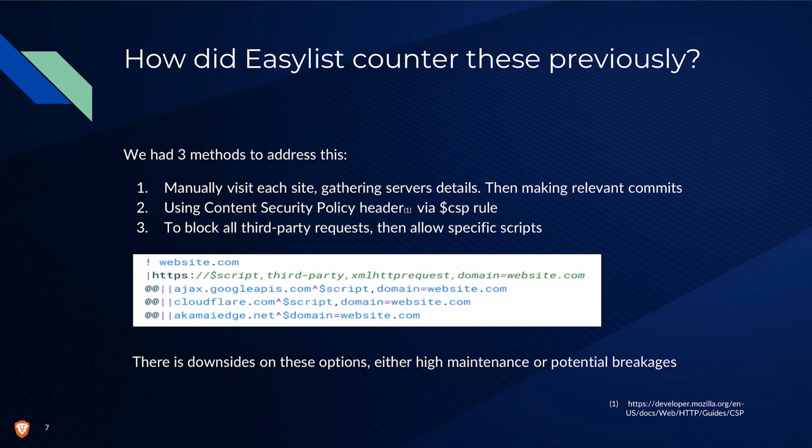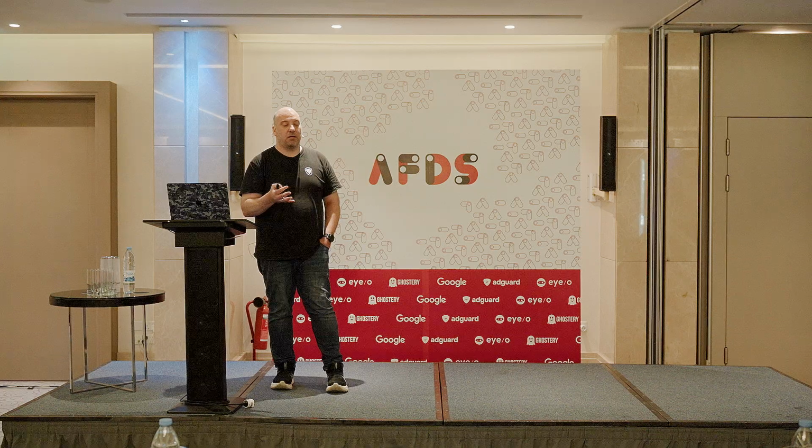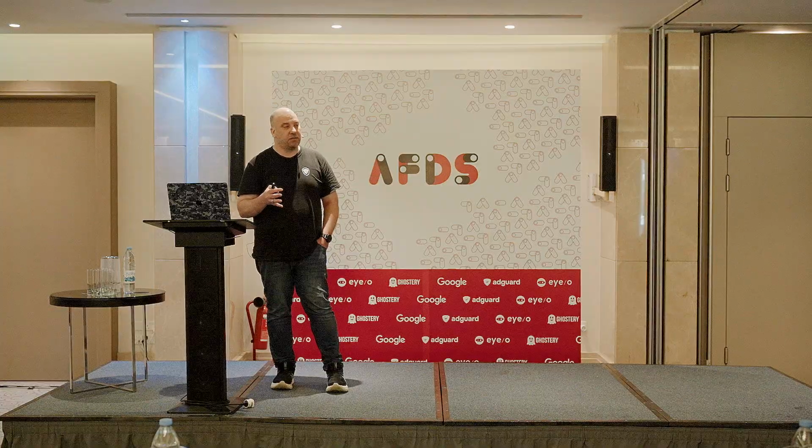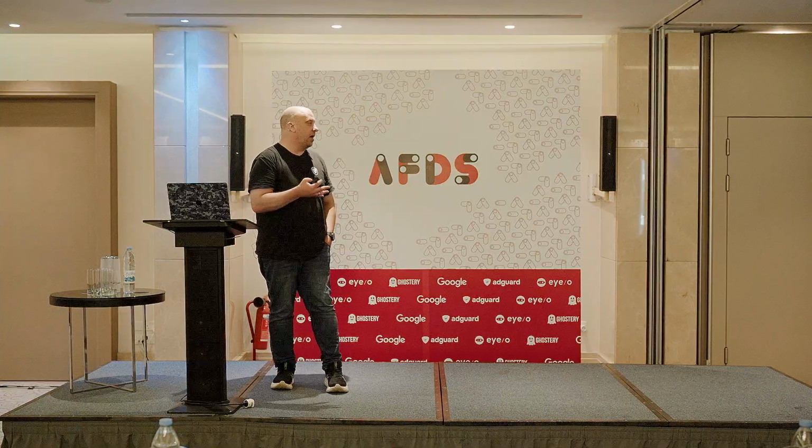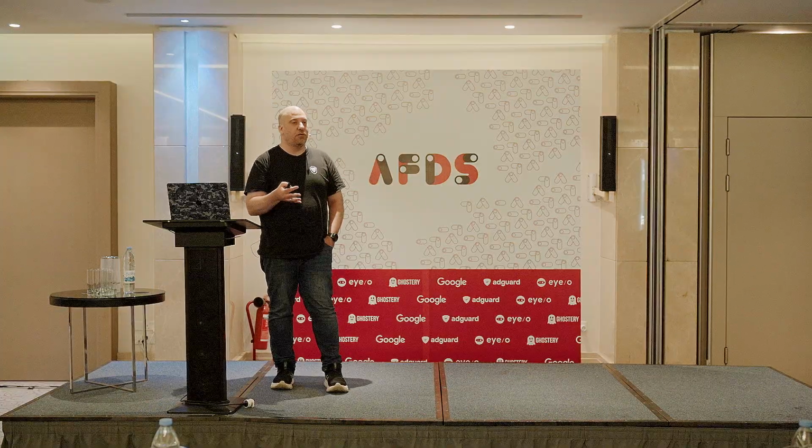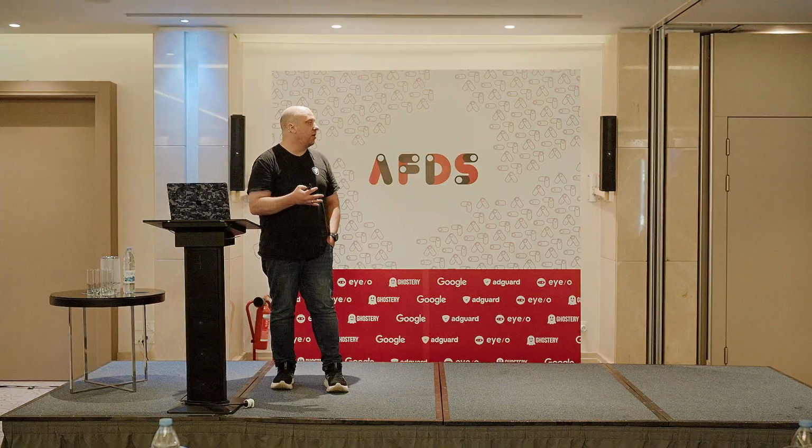The other option was just to block everything from third parties and just allow specific scripts. That one is fine until the website changes something, like they go to another cloud provider or change their scripts, and we suddenly start blocking too much on this site. So there are downsides to all three methods, either high maintenance or more potential breakage.